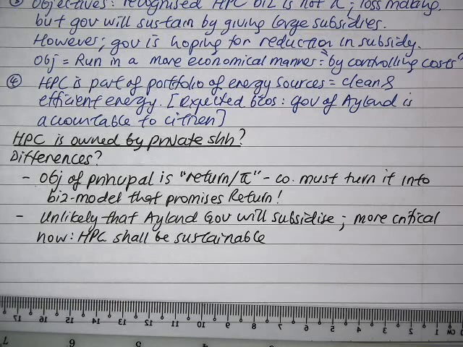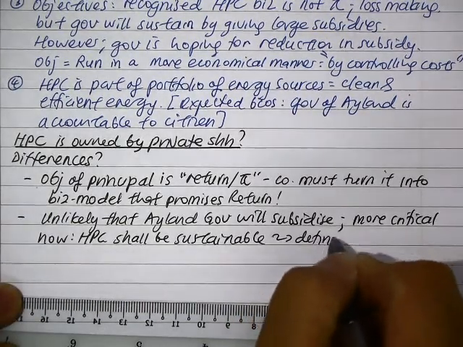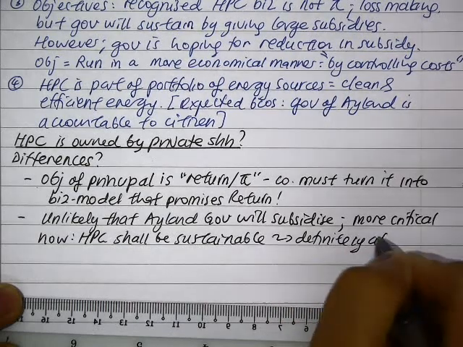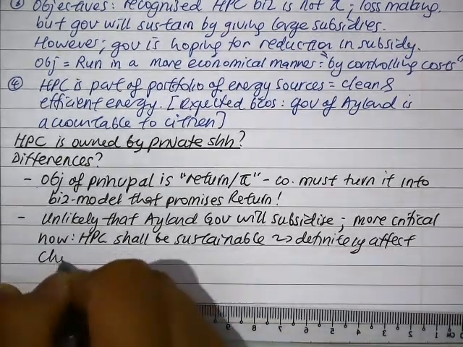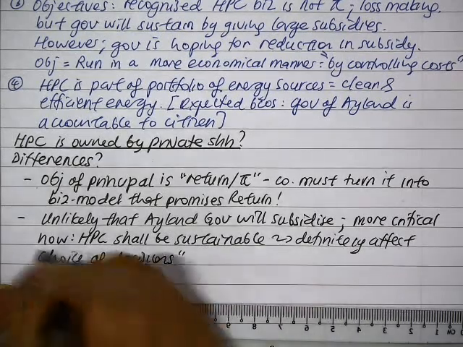If you cannot sustain, your business will close down already, because you can't expect shareholder every year dump money for you just to continue so that you benefit the people. So that's why you must come up with something more sustainable, and this will definitely affect the choice of your decision.